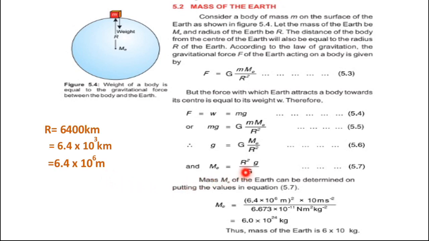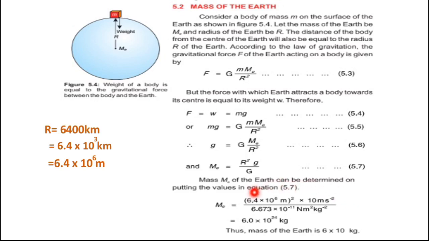So I'll write the value of r as 6.4 multiplied by 10 raised to the power 6 meter in the above equation. We know the value of g, the gravitational acceleration, is equal to 10 meter per second square, and the universal constant of gravitation is equal to 6.673 multiplied by 10 raised to the power minus 11 Newton meter square per kg square.